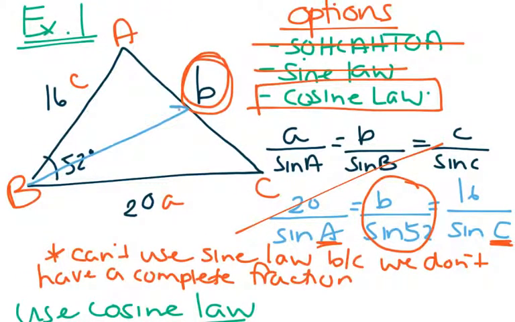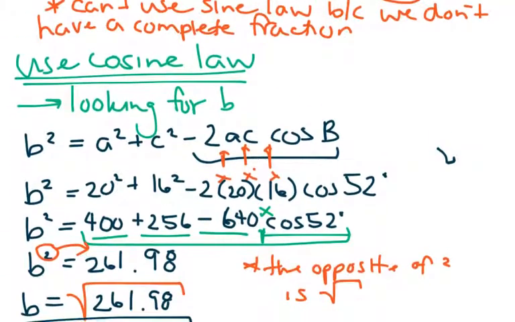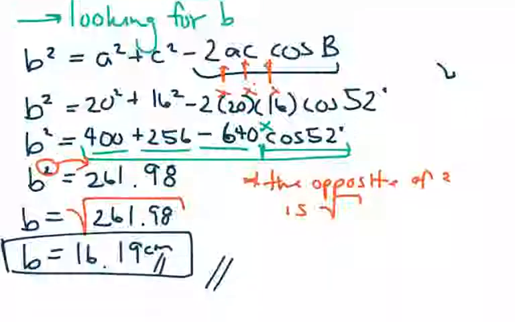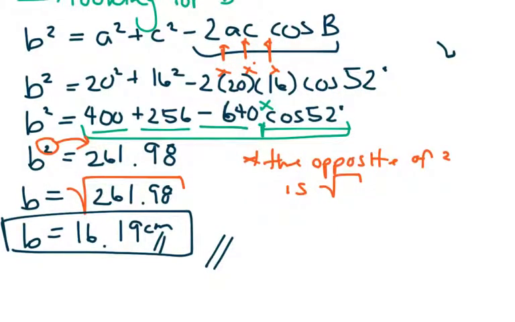To go from an angle to a side, we need to have a matching angle and a matching side. If we don't have that, we cannot use sine law. So then we were stuck with cosine law. So cosine law, we knew we were looking for B, and so we picked the second equation, wrote that down, plugged in all of our information, threw it into the calculator. Don't forget to take away that squared, and then we were done.